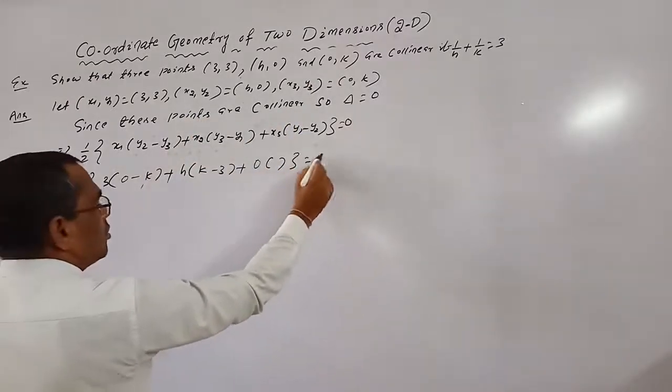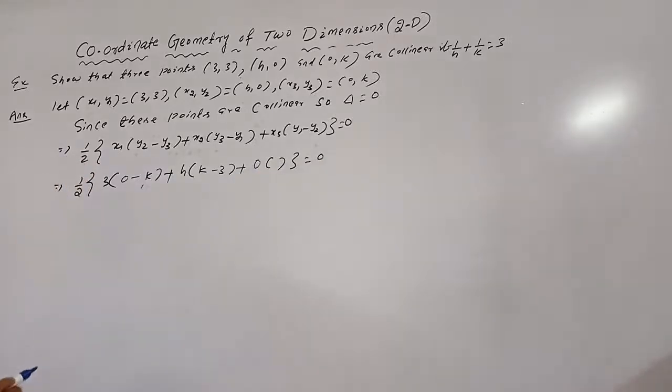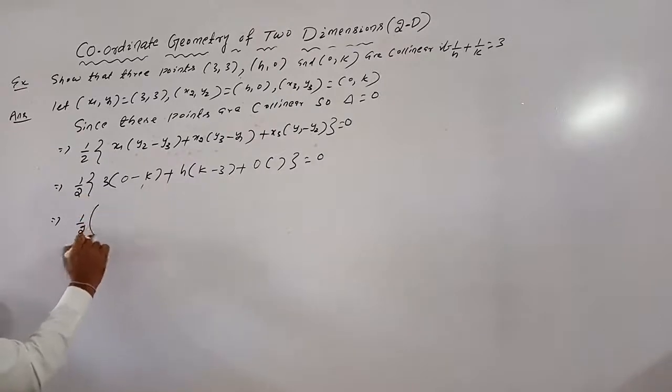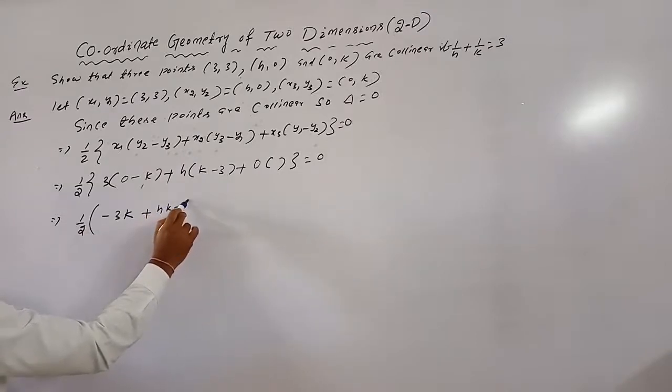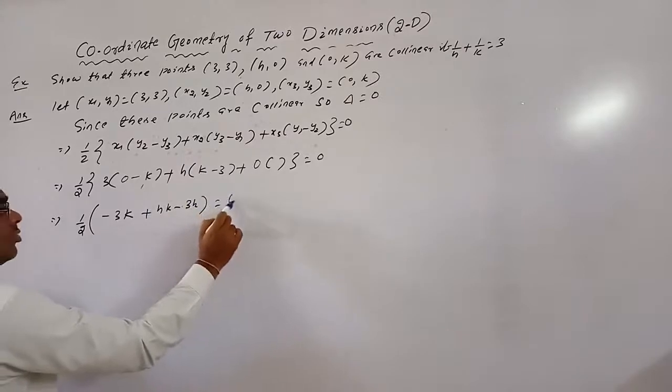That implies half into (minus 3k plus hk minus 3h) equals 0.